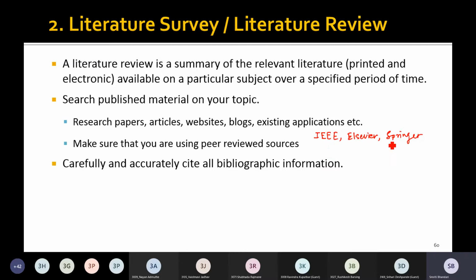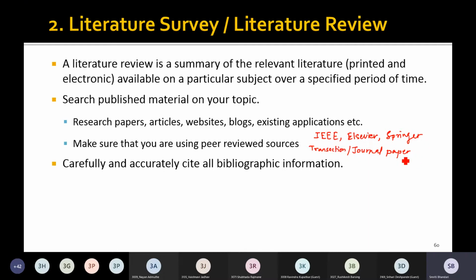Typically, if we refer to these publishers, go for the transaction or the journal papers, because these papers are full length papers and they provide the details used by these researchers to come up with the solution to the problem.